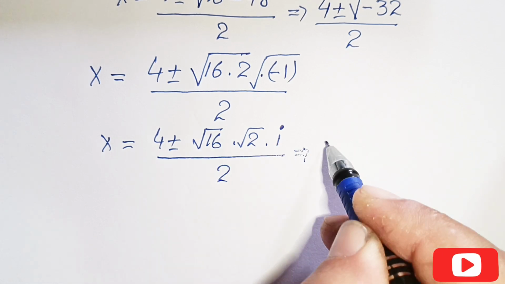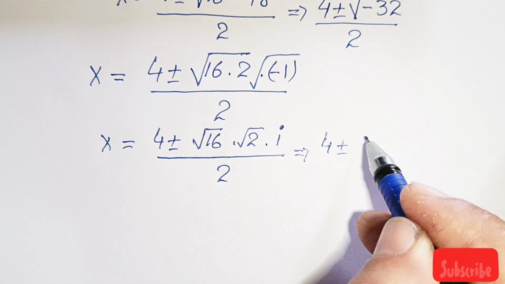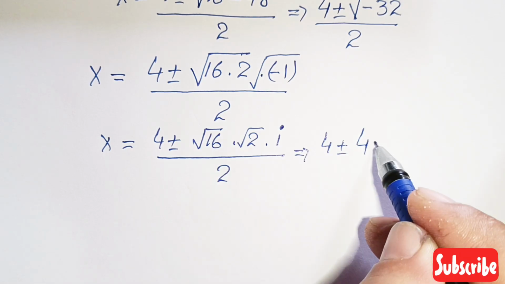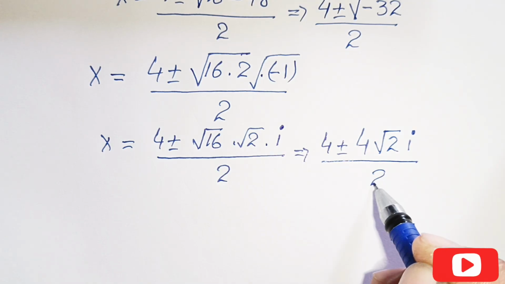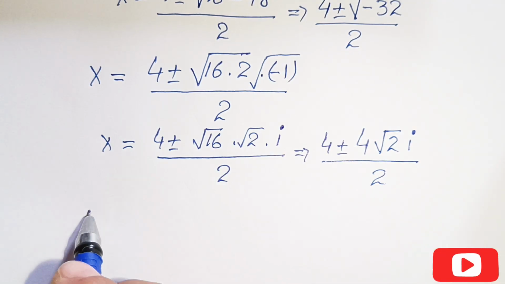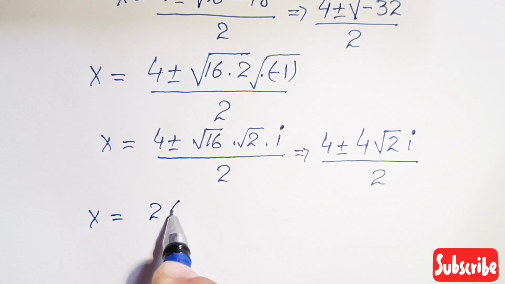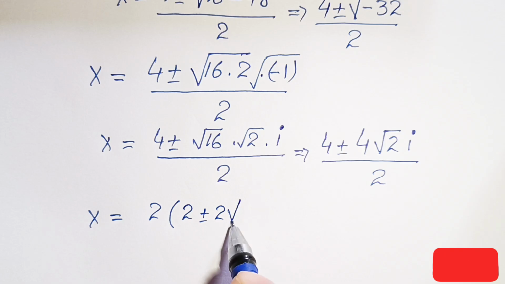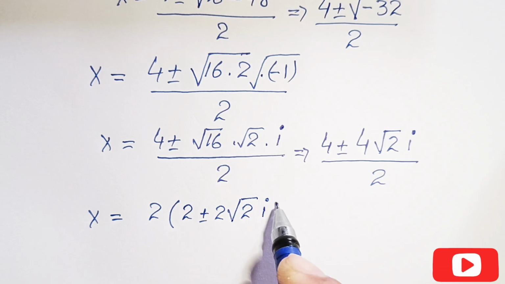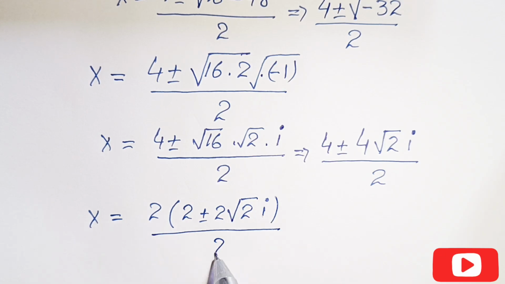So our next step is 4 plus minus square root of 16, which is 4, times square root of 2 i, all over 2. Now if we take 2 common, then we get 2 plus minus 2 times square root of 2i, all over 2.